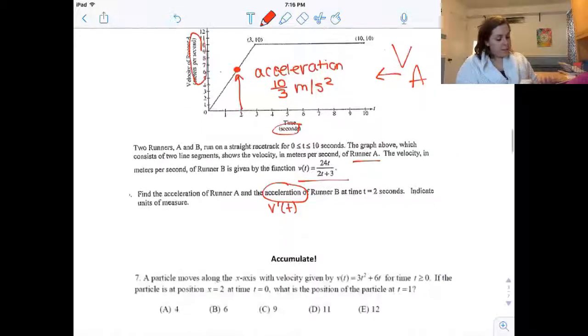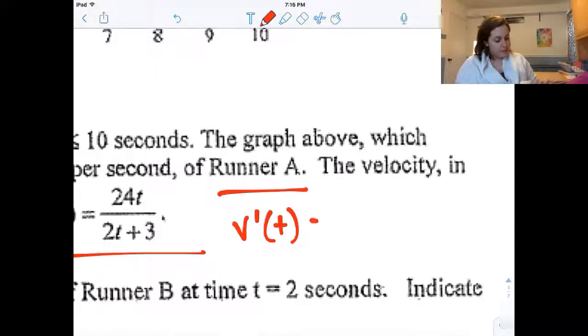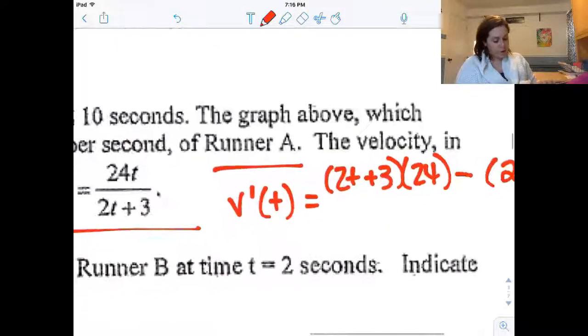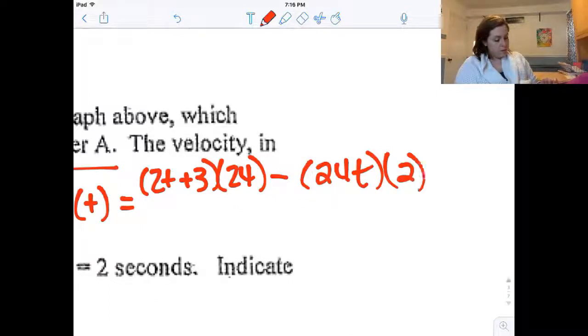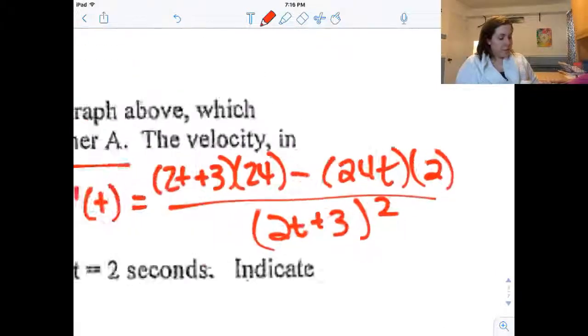Now let's look at this puppy. So to find this one, I need to find v prime. So v prime of t is low, d high, minus high, d low, which is just 2, over low squared. And I want that at 2, so I would plug in 2 there.